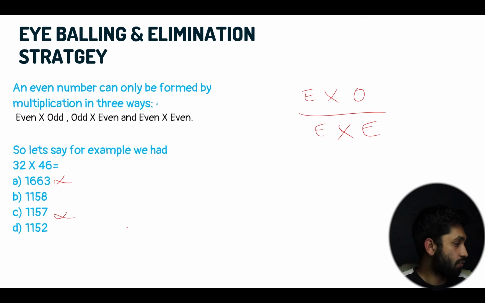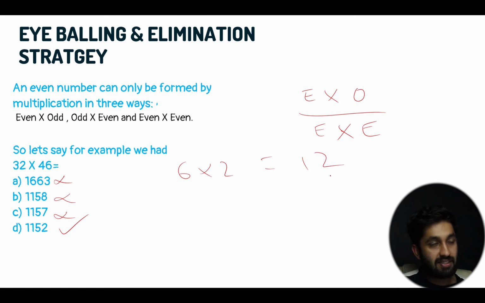So the answer here will be D and not B. The reason being is because 6 times 2 is 12, and the last digit of 12 is 2, and then the 1 is carried over somewhere else. So that is our answer.